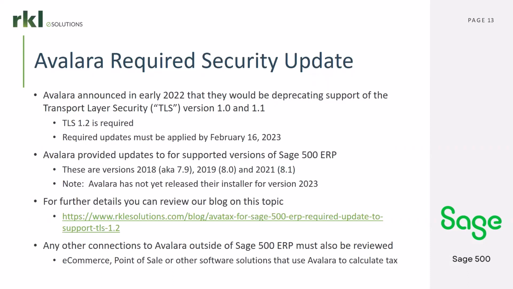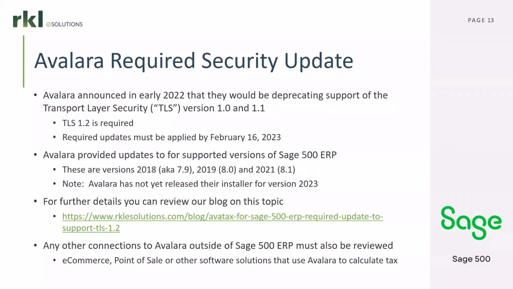Originally, they had indicated that support for those would end on 12/31/2022. However, they did push it out into February just because they didn't want it to cause a lot of challenges for people, including them, as the year end occurred. So they did push it out to February 16th.